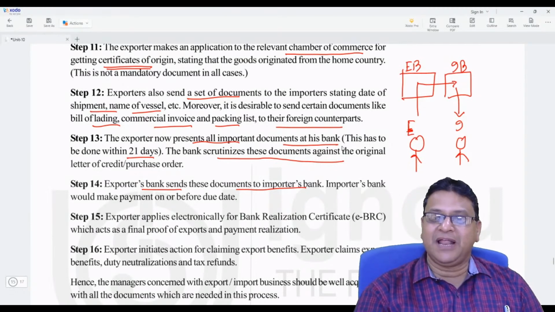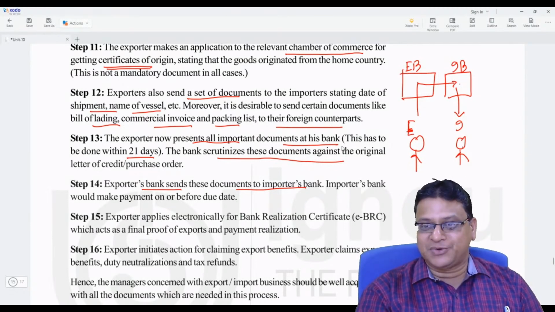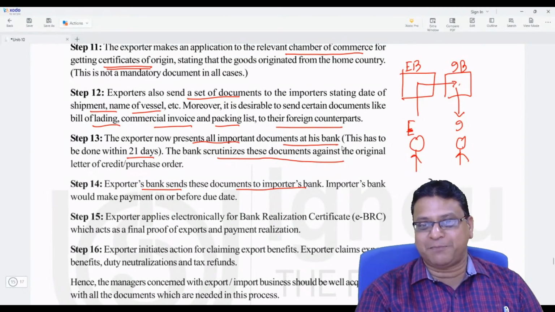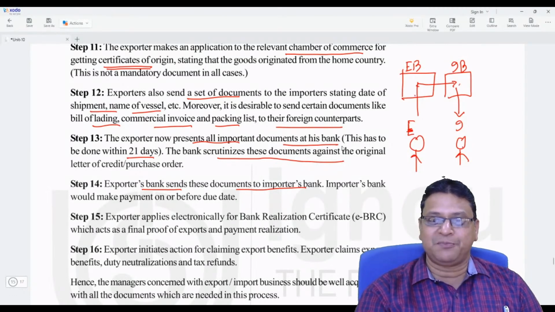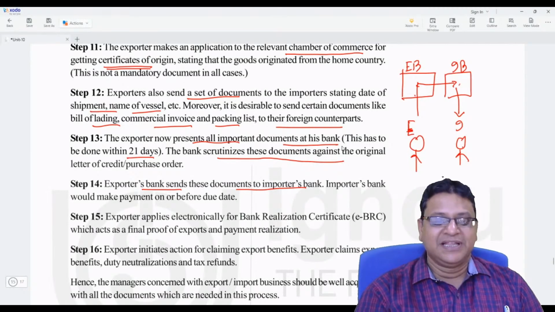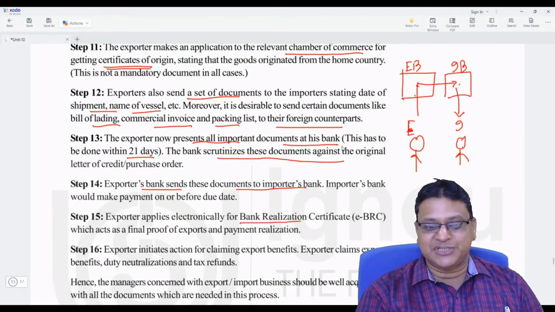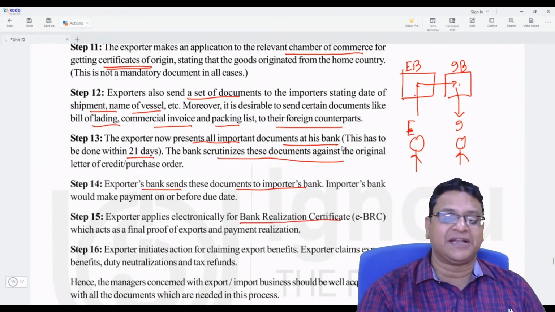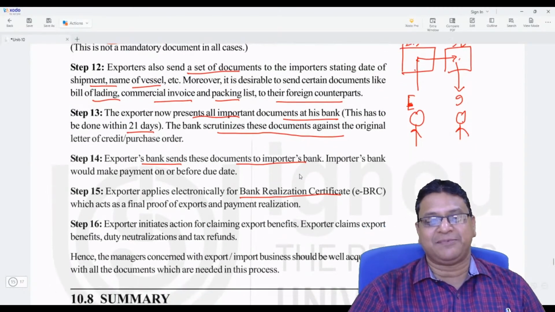And similarly, the importer makes payment to the importer's bank. Importer's bank makes payment to the exporter's bank. Exporter's bank makes payment to the exporter. Once the documents are sent and the payment is received, you get one certificate that is known as BRC certificate, Bank Realization Certificate.